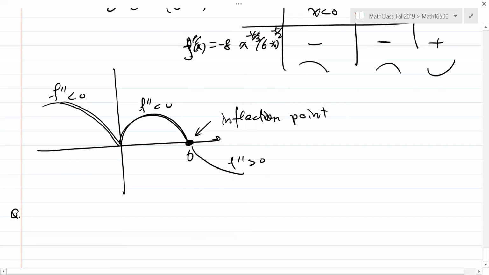I said it's easy to make mistakes for the sign. So if you know ahead of time how the graph looks like, that helps you find the computation mistakes.